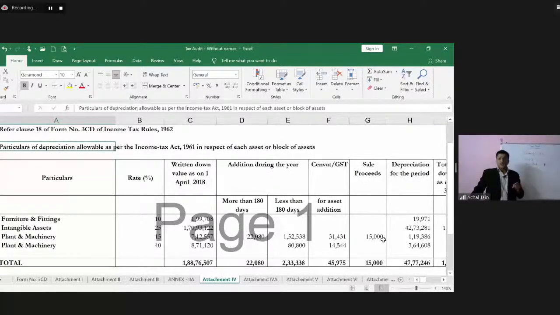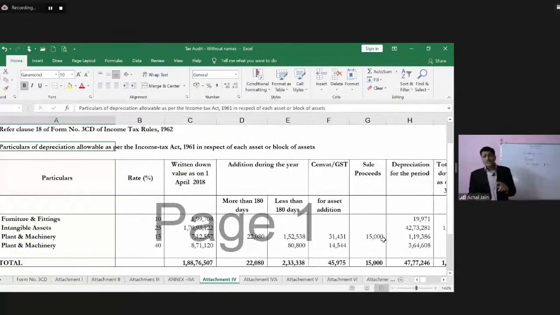So the tax auditor would look at the Form 3CD of the last year, not the previous year. Whatever closing balance was reported over there, with that the tax auditor should start, through which he will get the comfort that yes, the opening balances are correct. Number one. Second thing will be testing of additions.